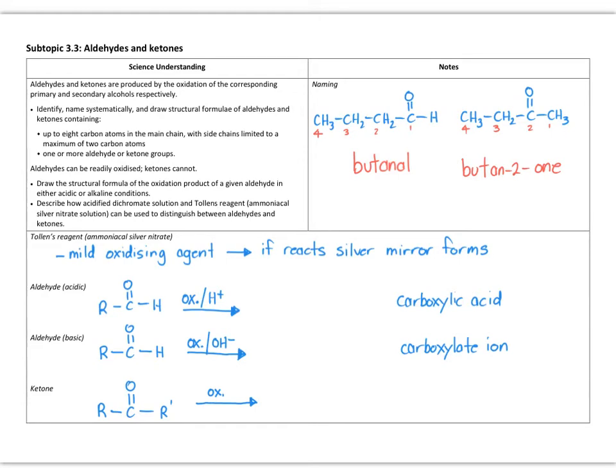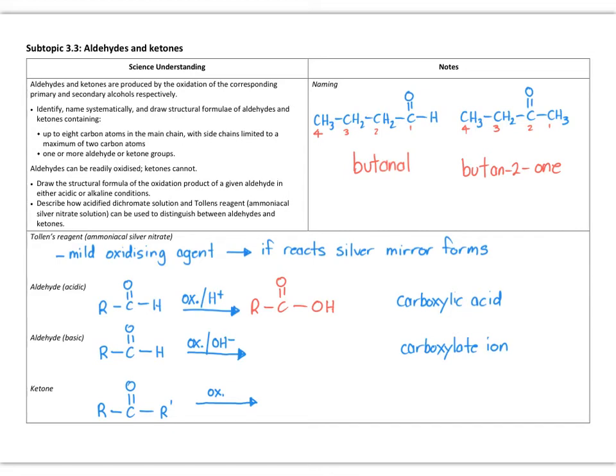So, if we oxidize an aldehyde under acidic conditions, so we've got lots of hydrogen ions present, we will form the corresponding carboxylic acid, and because it's under acidic conditions, it'll have this hydrogen attached to it.